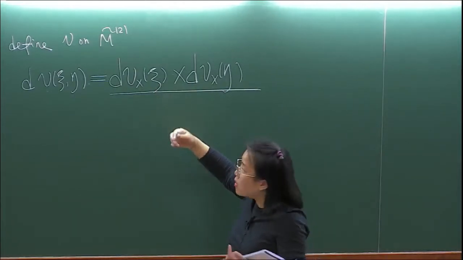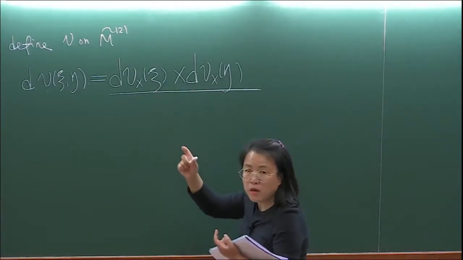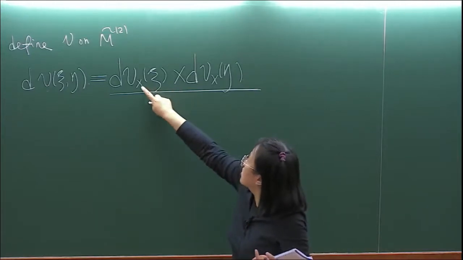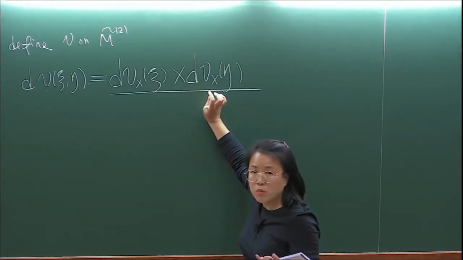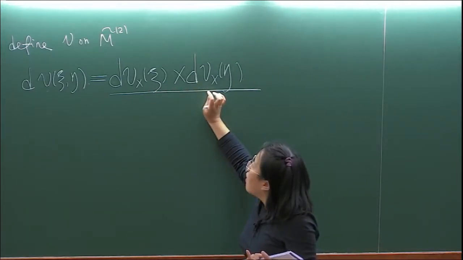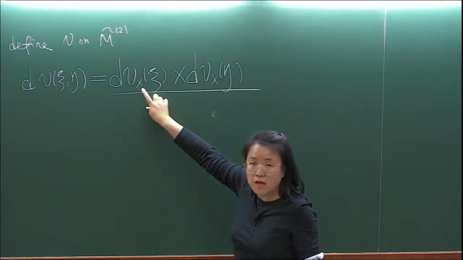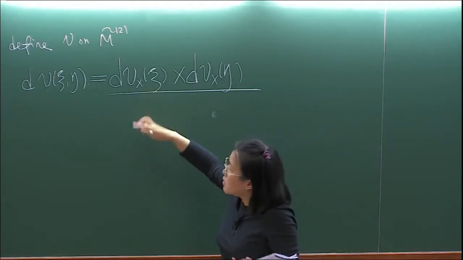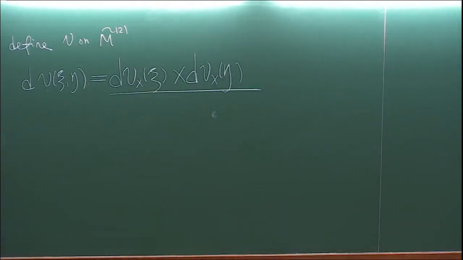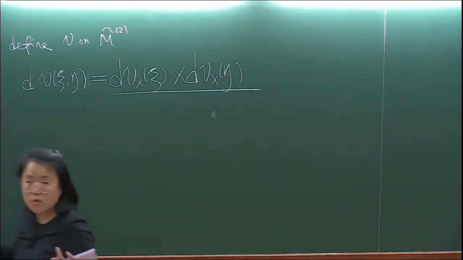Why? Because it's a measure, you need to move nearby. Of course, you cannot just put x here. That's one reason, right? Also, you want your definition to be independent of the x you choose. So here, x does not need to be the base point of v, okay?